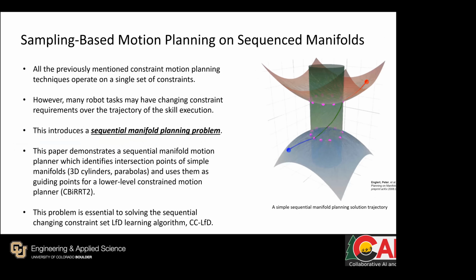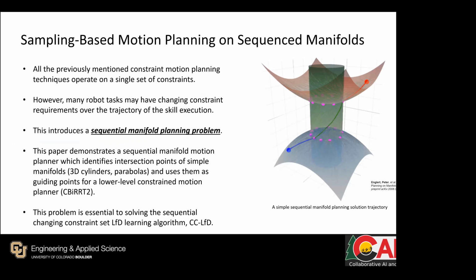And finally, it's important to note that all of the previously presented constrained motion planners operate on a single set of constraints, with the assumption that the start point and end point are generally the terminal points of your skill. However, many robot tasks have changing constraint requirements over the trajectory of skill execution.